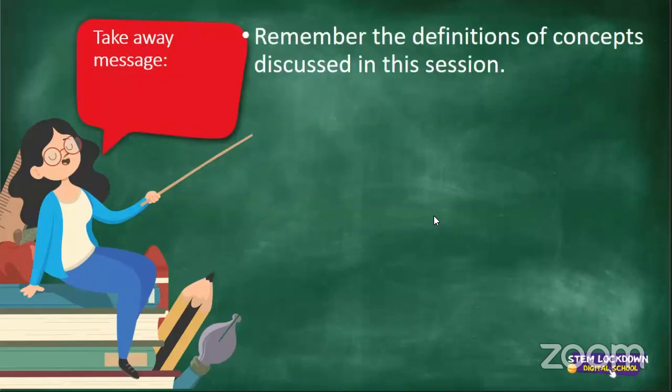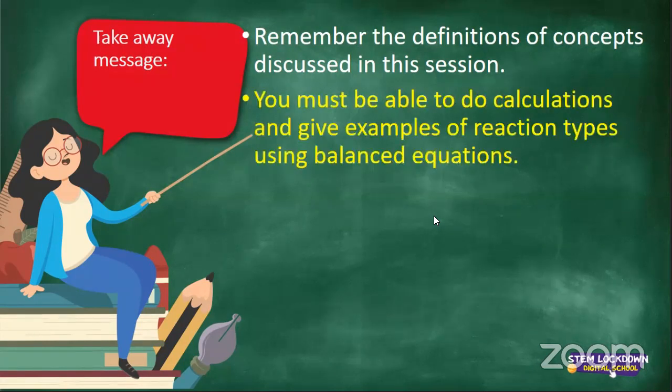All right, you have to remember the definitions of concepts discussed here, things like Arrhenius theory and Lowry-Bronsted theory of an acid and a base. You also need to know what an ampholyte is, and be in a position to identify the conjugate acid-base pairs.